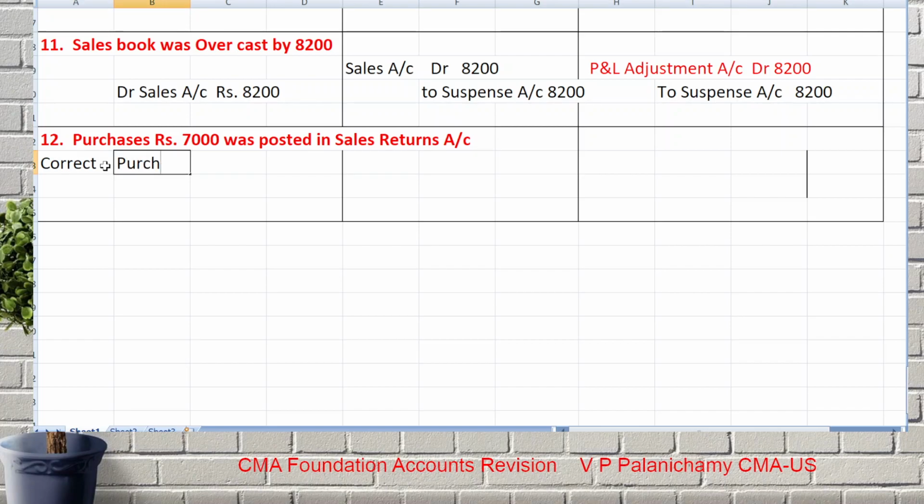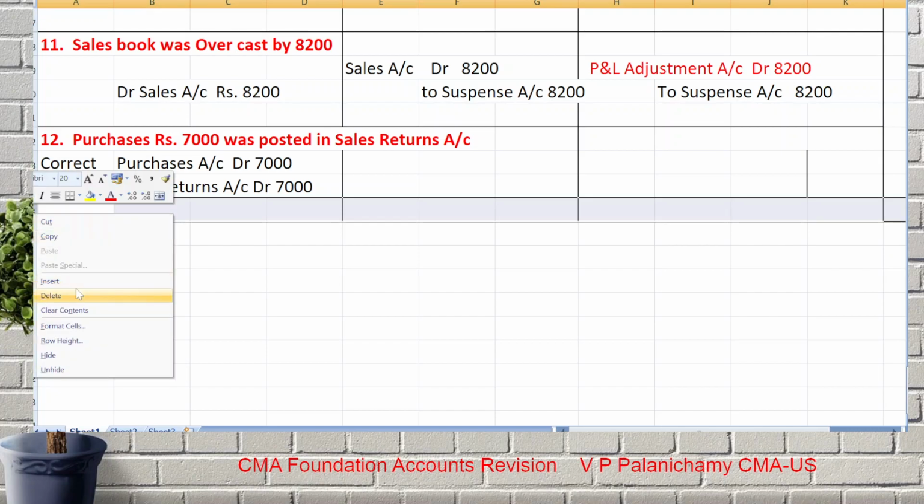Purchases account debit பண்ணிருக்கணும். Debit எவ்வளவு பண்ணிருக்கணும்? 7,000. But what is the wrong treatment given? The sales returns will have which balance? Sales and credit balance. Sales returns account என்ன இருக்கும்? Debit பண்ணிருக்கோம் 7,000. How to rectify this?